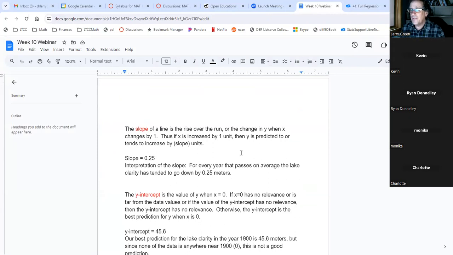So hopefully you remember, when you look at the slope, do you remember these words, rise over run? I know it might have been a while for you, but those words happened. So rise over run. The slope is a fraction. The rise is how much the y variable changed. The run is how much the x variable changed.